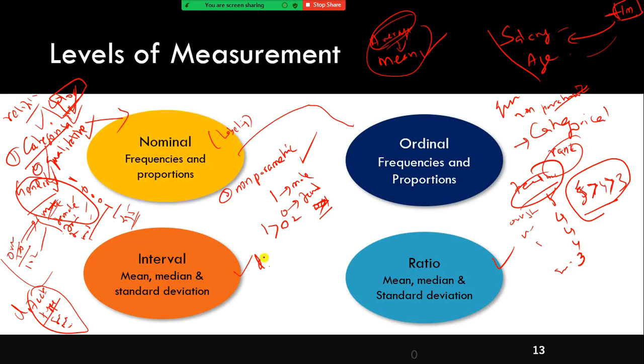I use this term discrete variable, and as we move further, this term will be used more frequently. Ratio is also called a continuous variable. Interval is called a discrete variable. You just think that discrete variables are nothing but whole numbers.